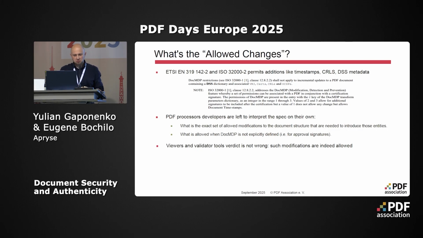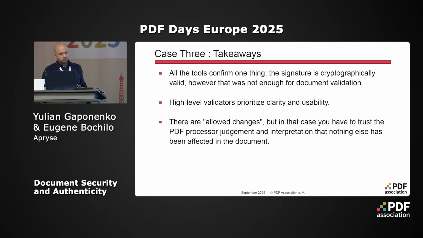However, all in all, the high-level validator tools, the PDF viewers, their verdict was also not wrong because such modifications are indeed allowed. So in this particular case, it's not about how cryptographically the signature is valid or not. In this case, however, it is still not enough to perform full document validation.